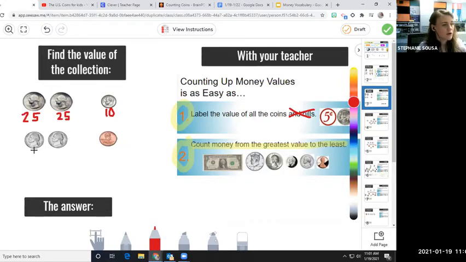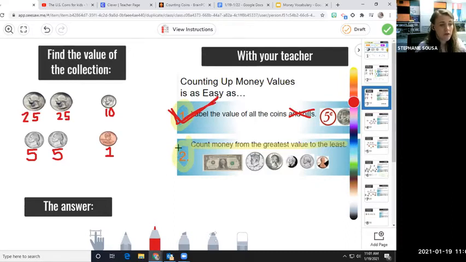We have 2 nickels. Nickels are worth 5 cents. And we have 1 penny, and that penny is worth 1 cent. So step 1, label the value of all coins and bills. Done.